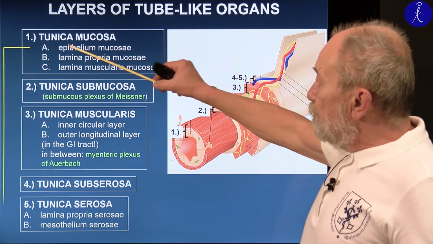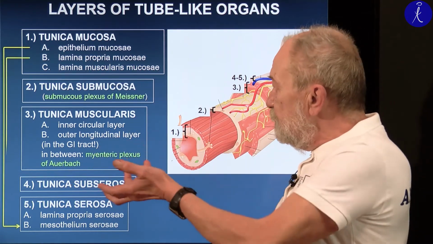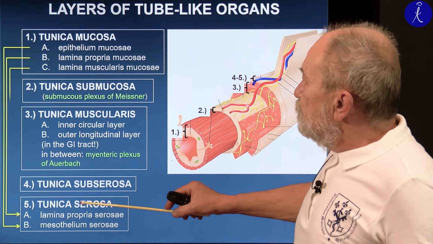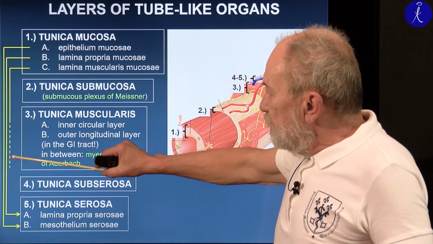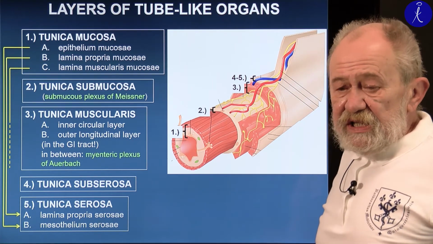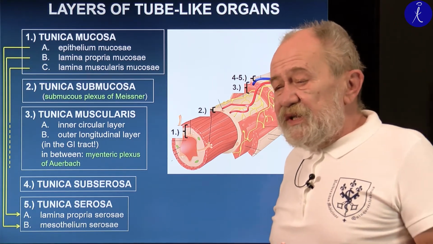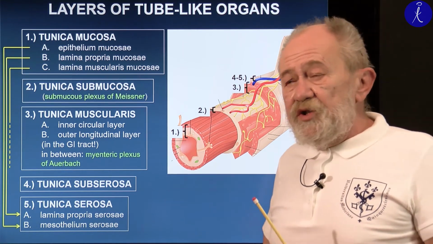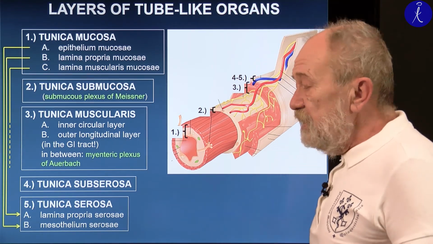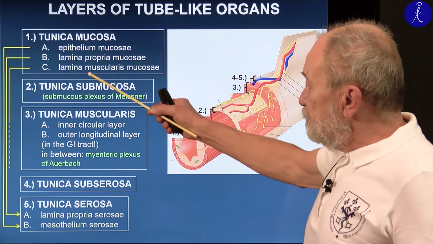It's very good to compare these things. So the tunica serosa is a reversed tunica mucosa, with only one exception: it has no lamina muscularis serosae. Of course, what would muscle cells do, why move the serous membrane on the surface of the organ, so that is missing.